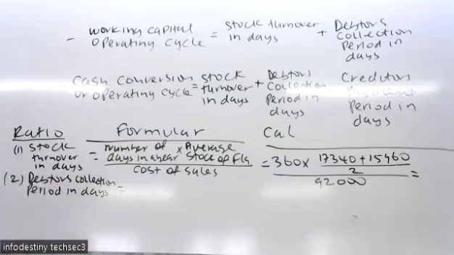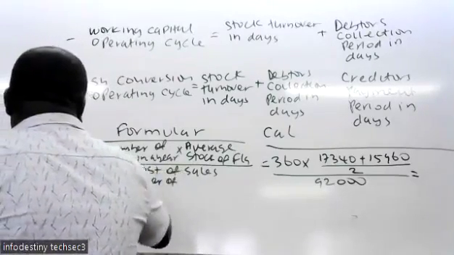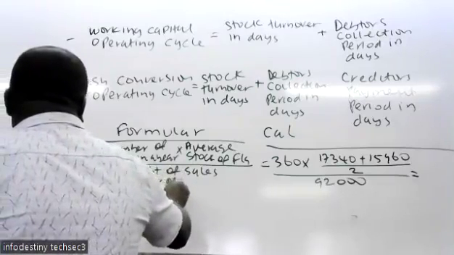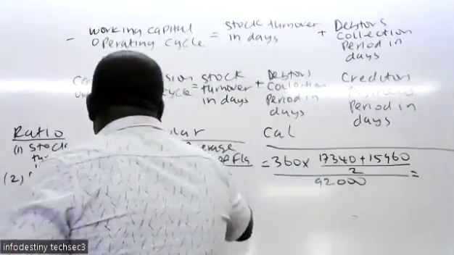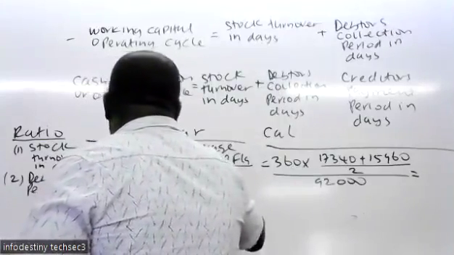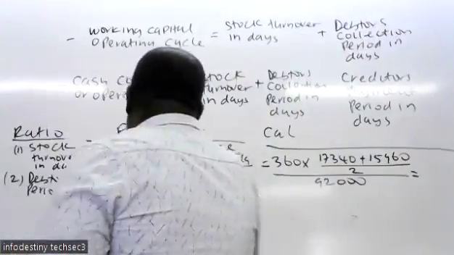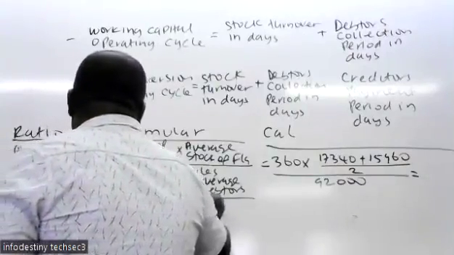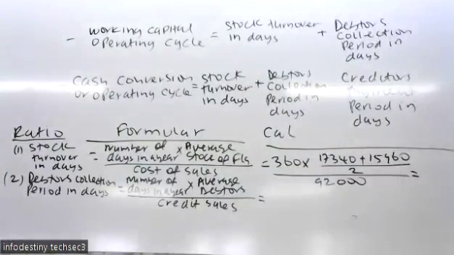Debtors collection period in days will also be given by number of days in a year multiplied by the average debtors, divided by the credit sales.